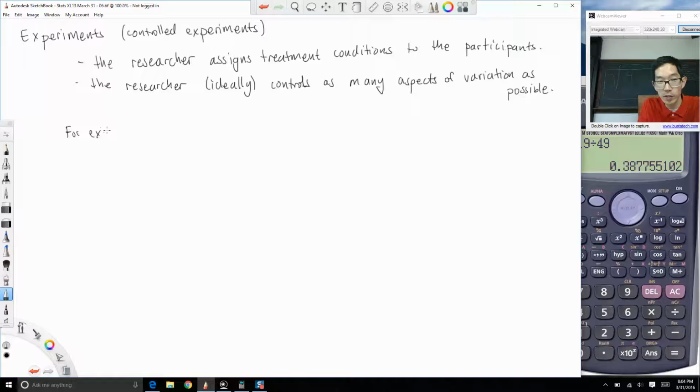So for example, perhaps we wish to know if a medication is effective in treating high blood pressure.